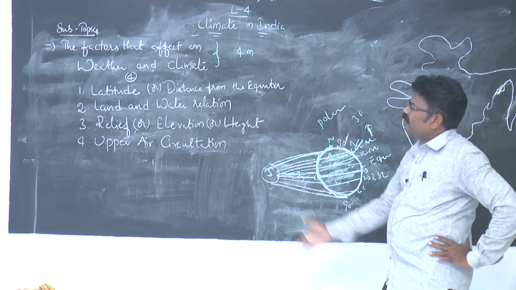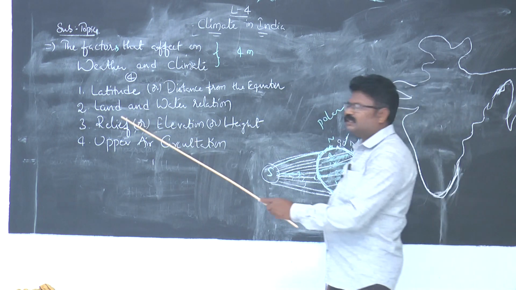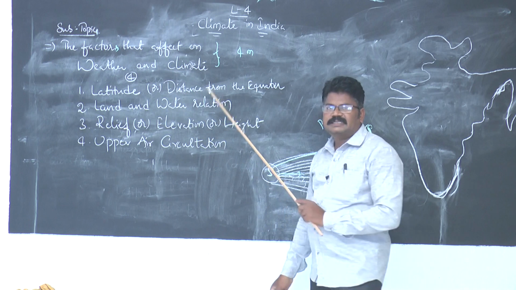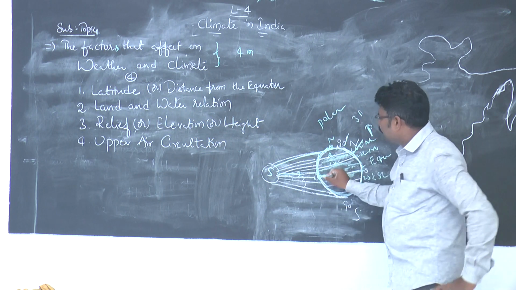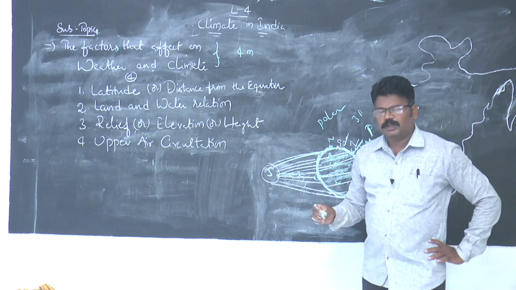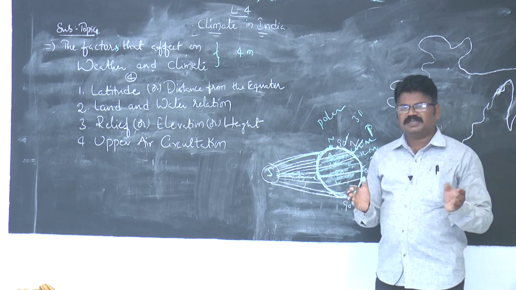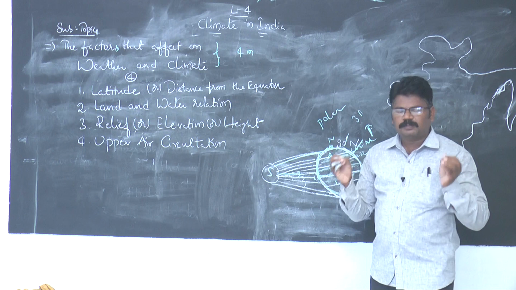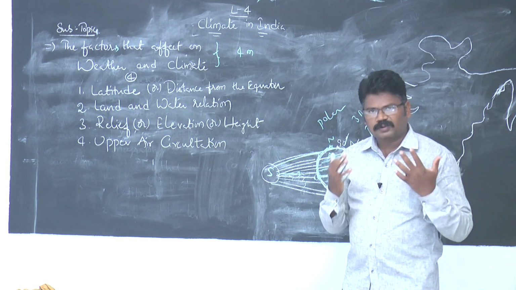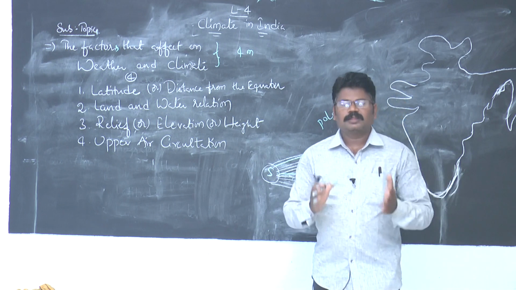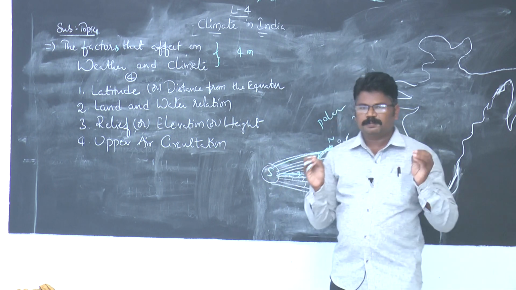As for the first factor, once again, it is latitude and distance from the equator. Distance is very important. Already I told you what latitude means. With the help of latitudes, we can find the location of a place and know the local temperature of the place.